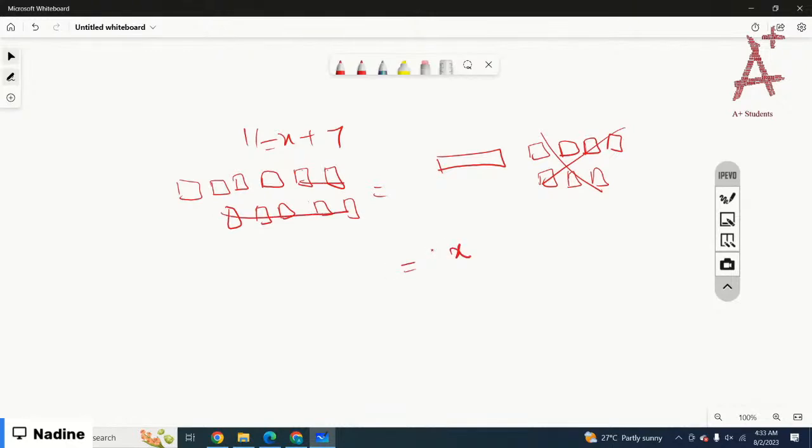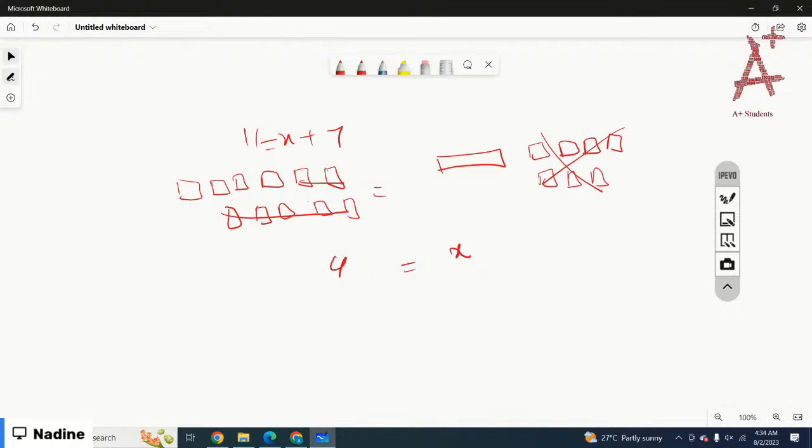So here you are left with just x and 4 tiles. So you're left with x equals 4.